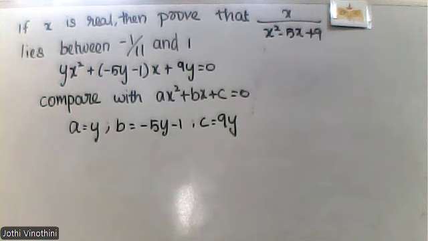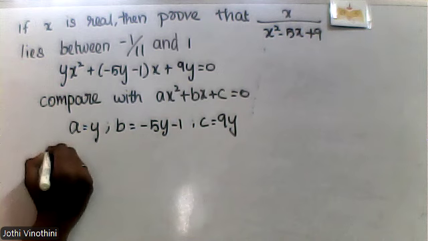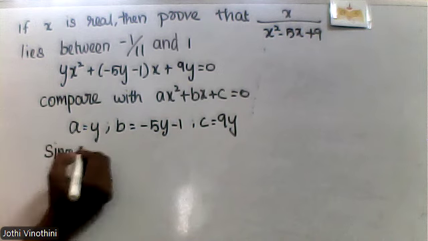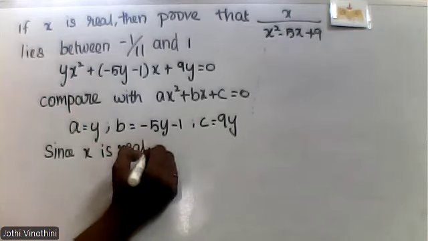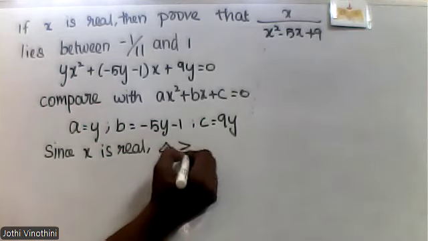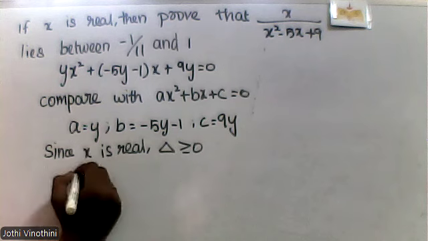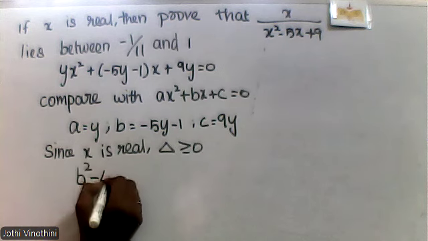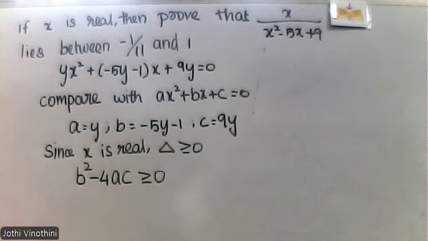So what's given in the question? According to the question, x is real. So since x is real, we know that delta must be greater than or equal to 0. That means b squared minus 4ac must be greater than or equal to 0.